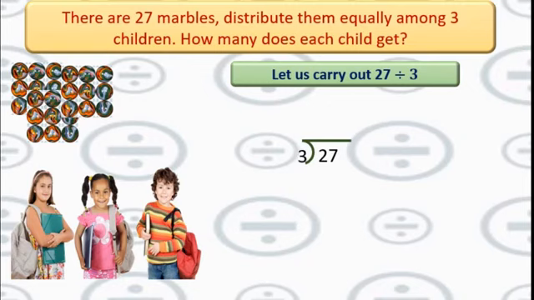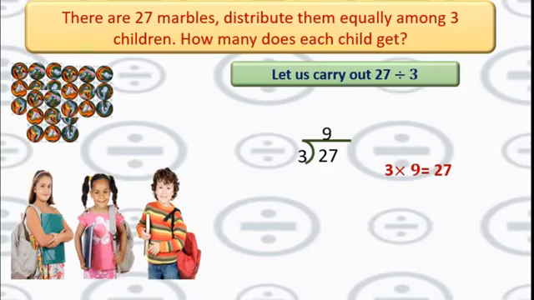Now we are going to use 3 times table for this. So we will recite 3's table. 3 ones are 3, 3 twos are 6, 3 threes are 9, 3 fours are 12, 3 fives are 15, 3 sixes are 18, 3 sevens are 21, 3 eights are 24, 3 nines are 27. Yes, we got 3 nines are 27.